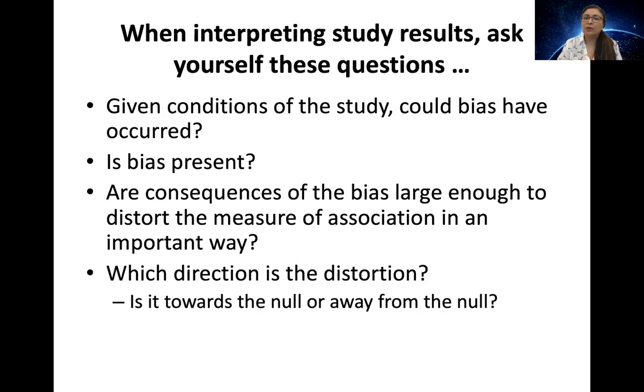Okay, so when you're interpreting your study results, what you want to do is ask yourself these questions. Given the conditions of the study, could any bias have occurred? The reason why this is tough for you is because you're not conducting the research yourself, and I understand that. I don't expect you to come up with super detailed answers to these things, but you want to think about whether there are possible errors in the methods, in the way the data were collected.